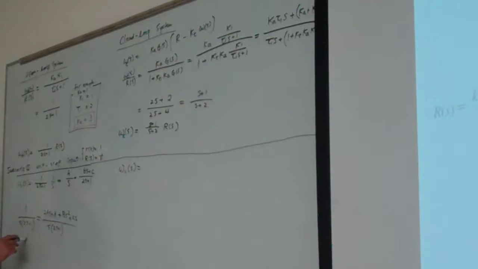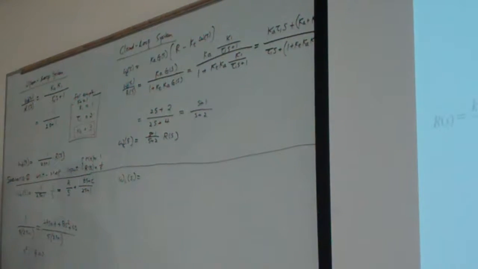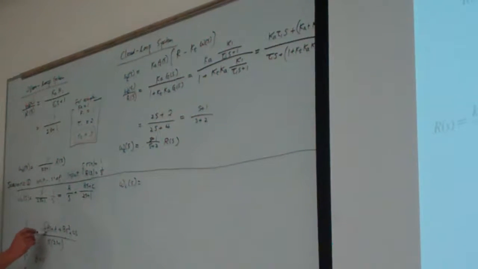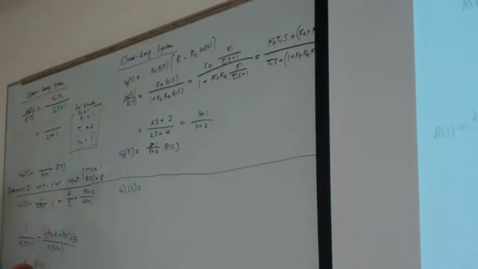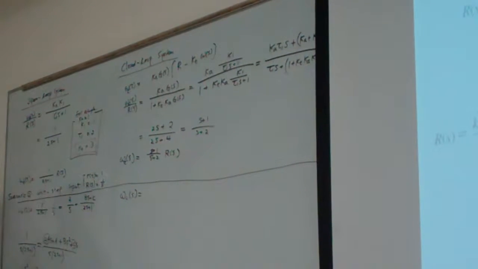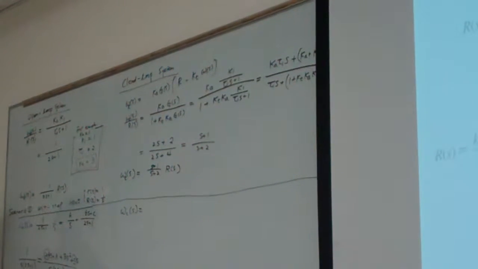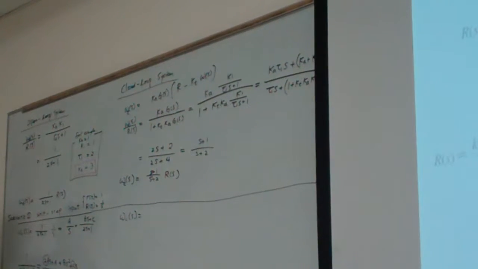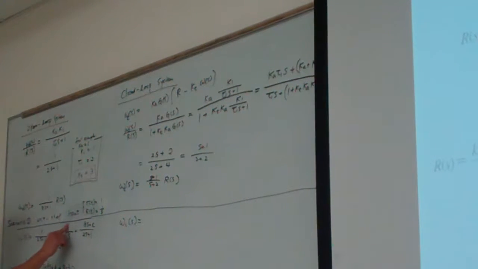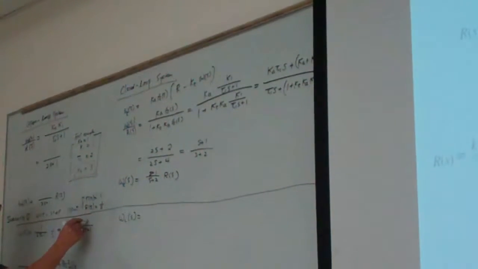Here we compare the coefficients. The squared term: B equals 0, and the s term will be equal to 2A plus C. Then we compare the constants, so that means A will be equal to 1. Okay, so from here C equals minus 2. So A equals 1, C equals minus 2 here.